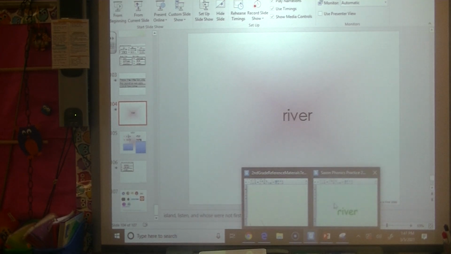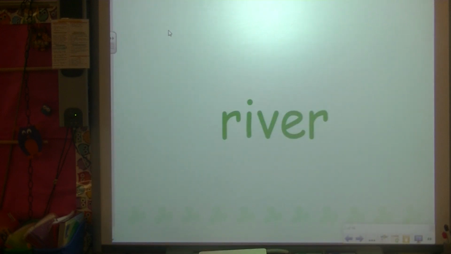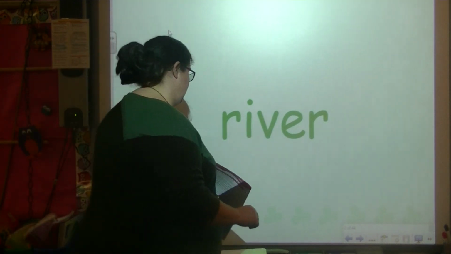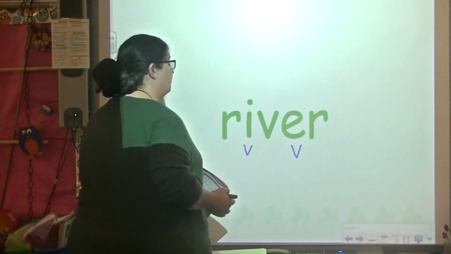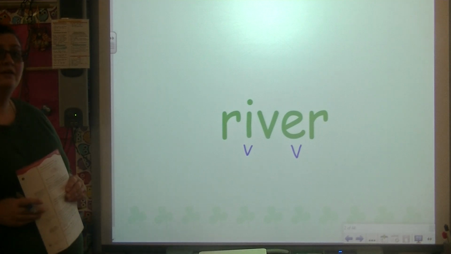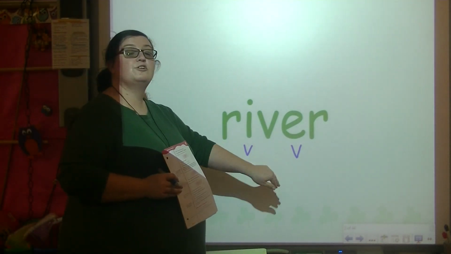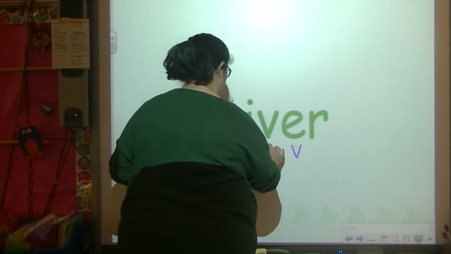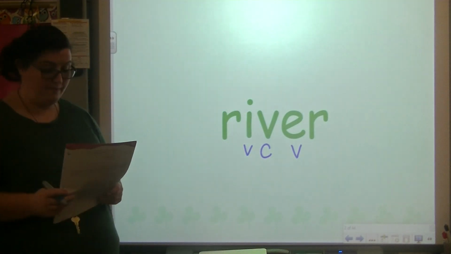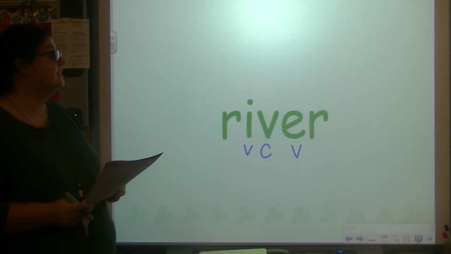I and E. So I'm going to put a V for vowel under the I and under the E. After we find our vowels, we look for the consonants in between. There's just one, that V. So we have a vowel, consonant, vowel, or VCV pattern.